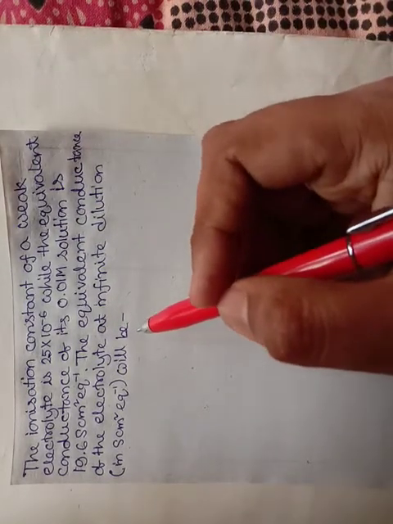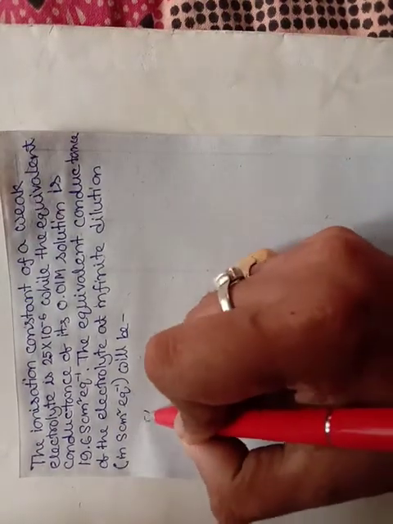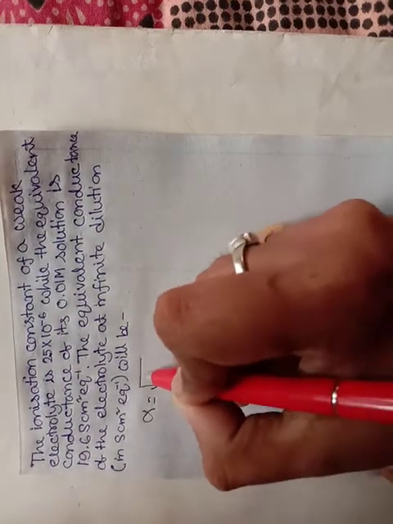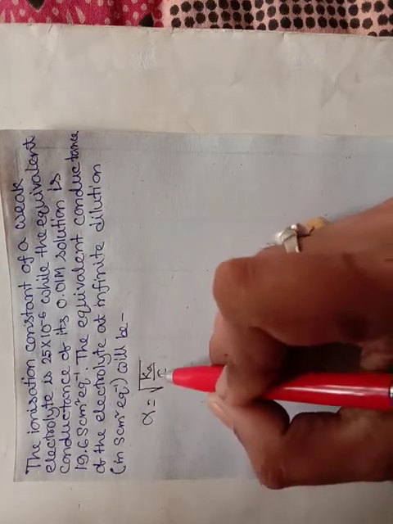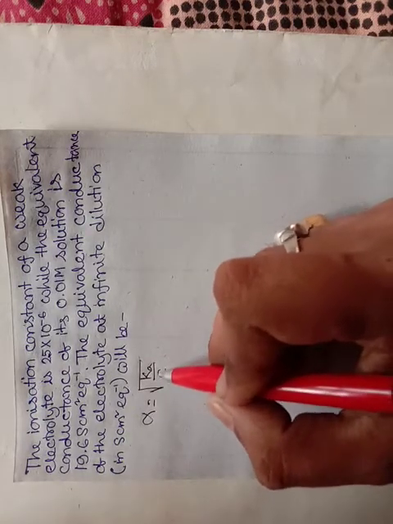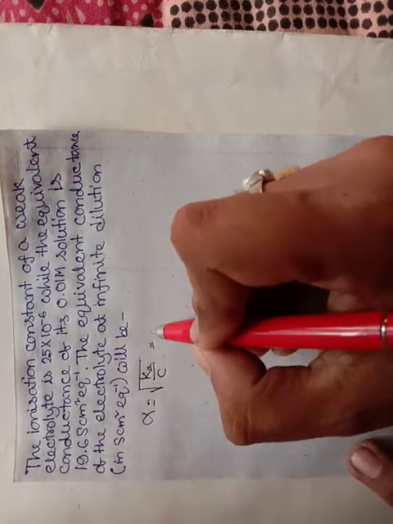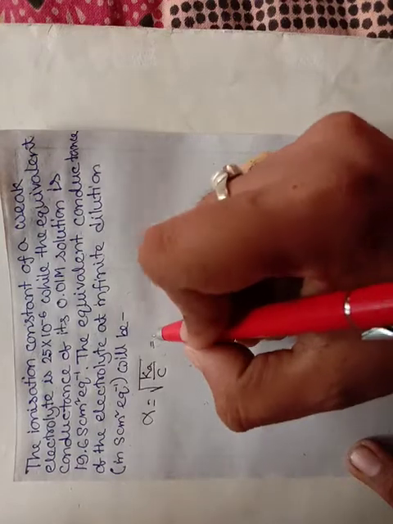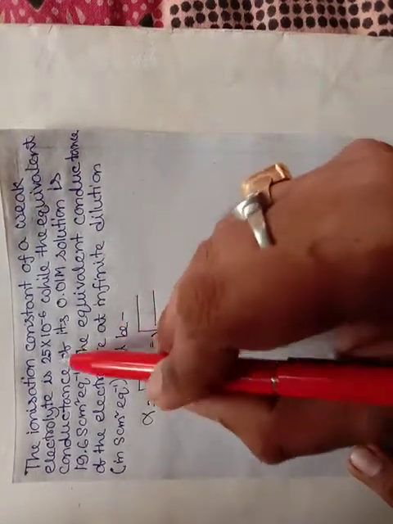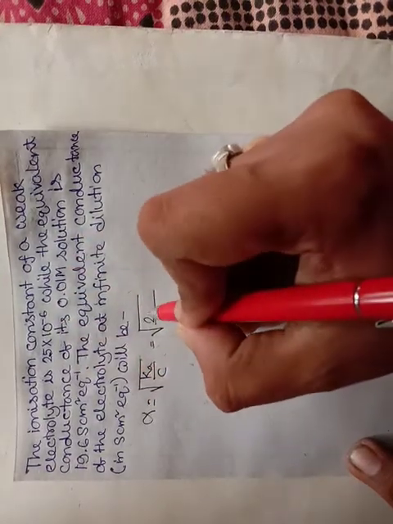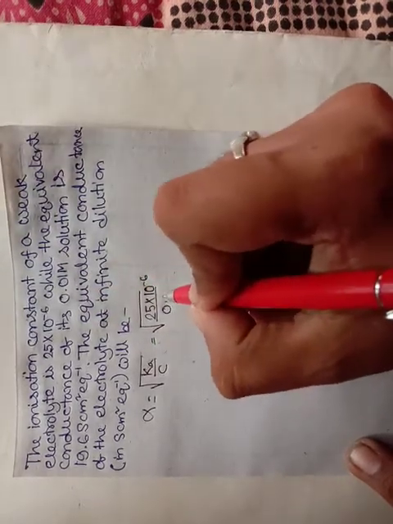What is the formula of ionization? Alpha equals root over Ka by C, where Ka is the ionization constant and C is the concentration. Now we put in the values: the ionization constant is 25 × 10^-6 and the concentration is 0.01 molar.